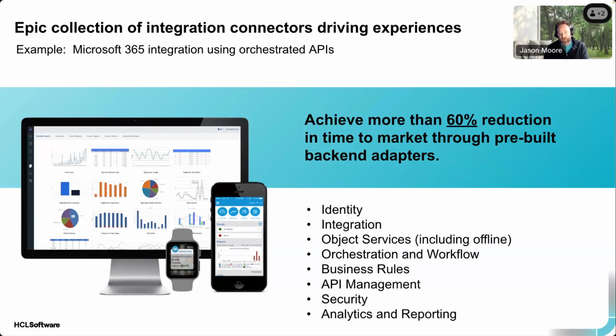So we've talked a little bit about identity and integration. Some of the other capabilities that Foundry brings to the table are object services, managing data objects as they move through different backend workflows and approval processes, and from backend to various backend systems.